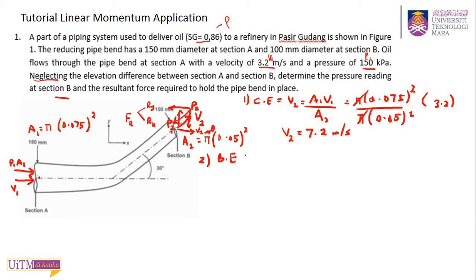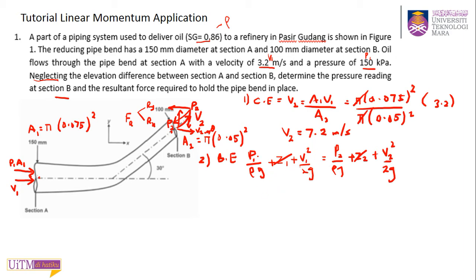Bernoulli equation equals P1 over rho G, I hope you remember this, plus Z1, plus V1 squared over 2G, equals P2 over rho G plus Z2 plus V2 squared over 2G. And they ask you to neglect the difference in elevation, so this will be 0.